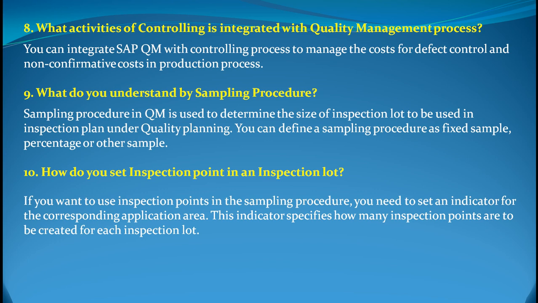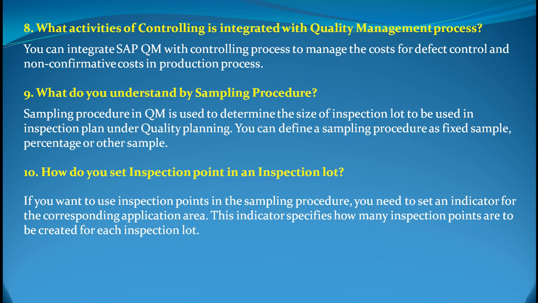How you want to define the sampling procedure is not fixed. You can either go by a fixed sample, by percentage, or use other varieties of sampling, right? So what is sampling procedure? It is a process to determine the size of inspection lot that is to be used in inspection plan under quality planning.